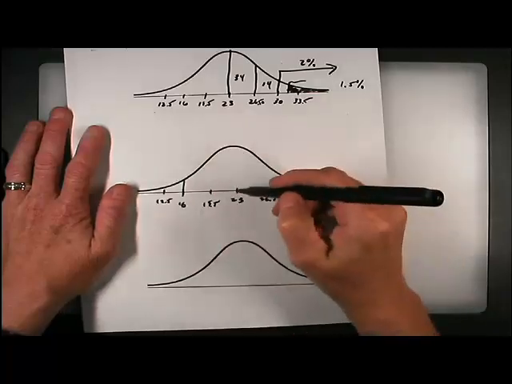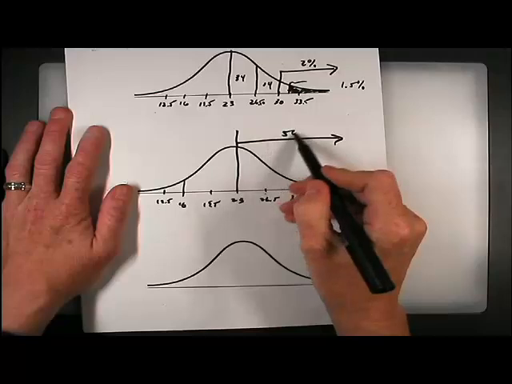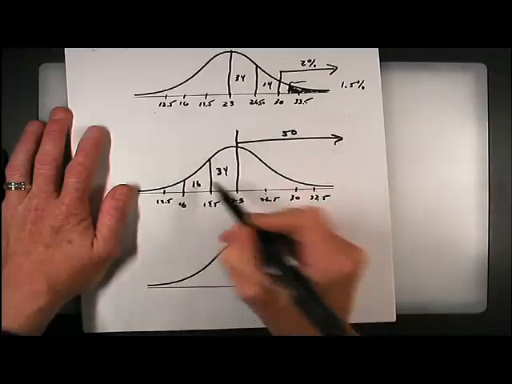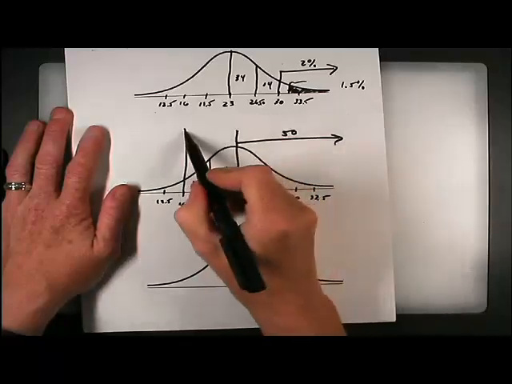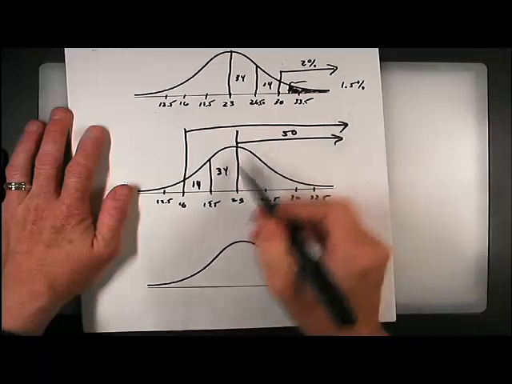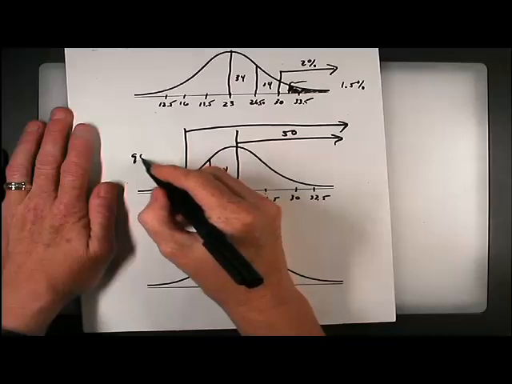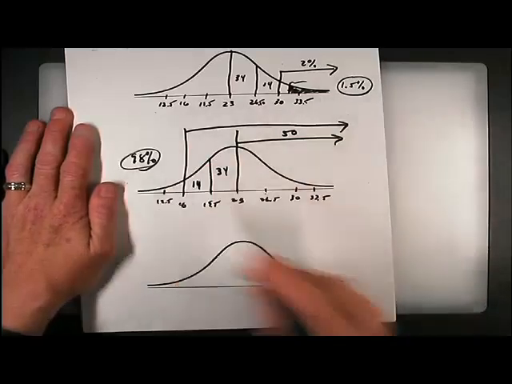So this is 50, this is 34, this is 14. From here over, because we're including the whole sides, it should be 98%. It's a good rough estimate.